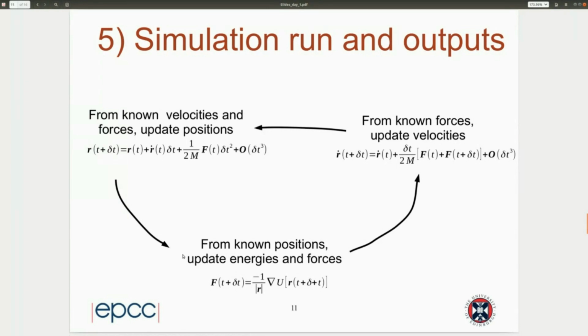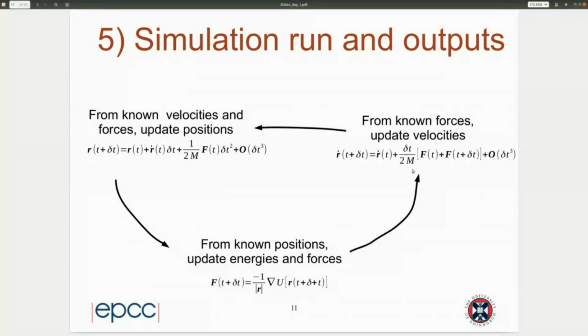Then from that, you can move forward to find your new forces, which are based entirely on your new positions. And then from that, you can find your new velocities, which are based on your old velocities and the change in force between the old time step and the new time step.